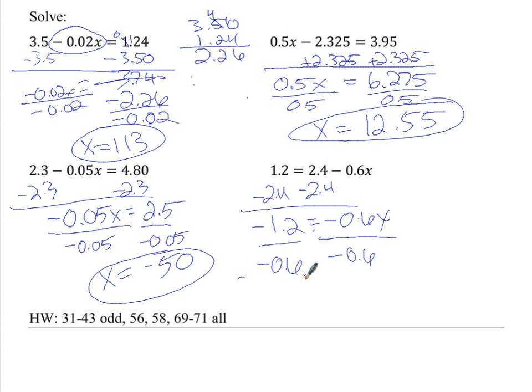And when we do that, what do we get? x equals, louder, positive something. Negative divided by negative is positive. Two? I think it's 2. There you go.